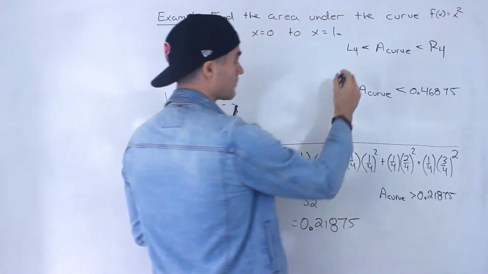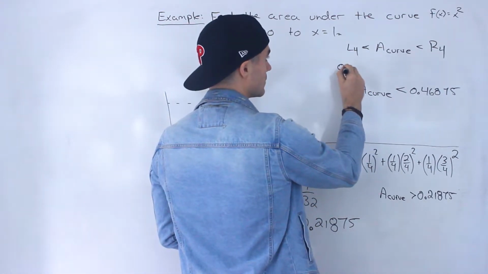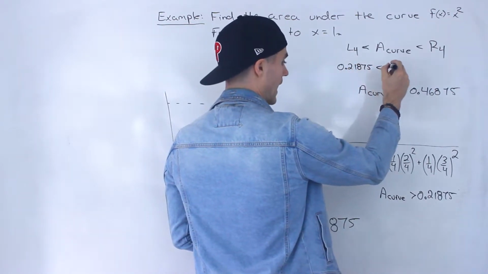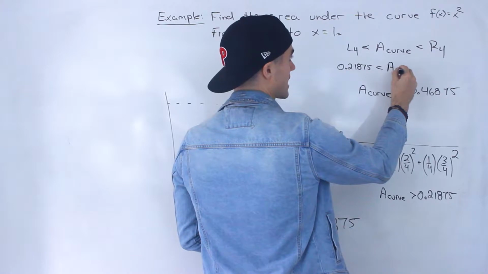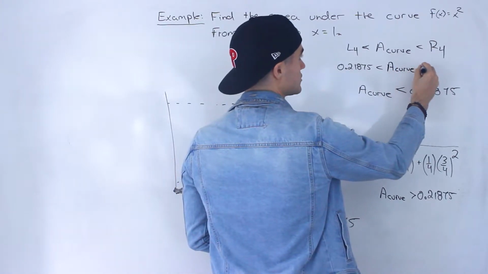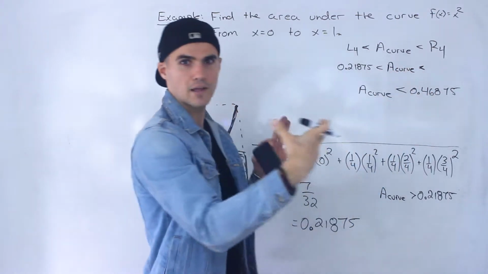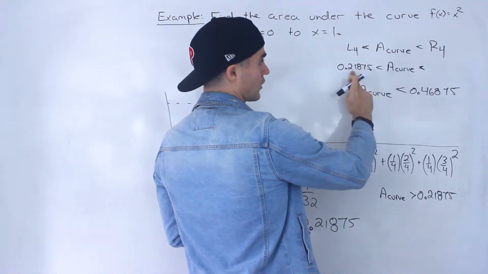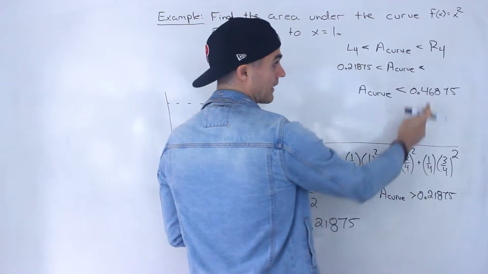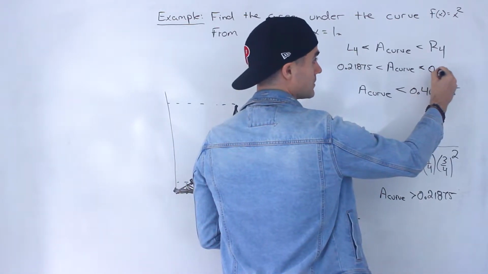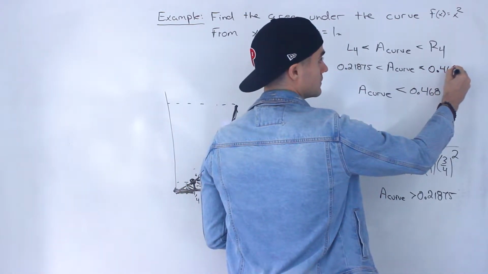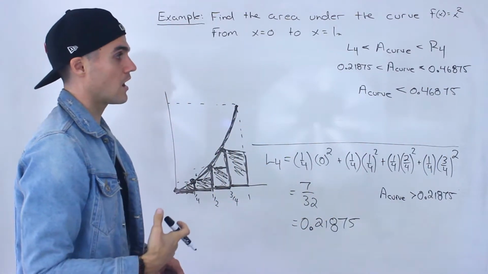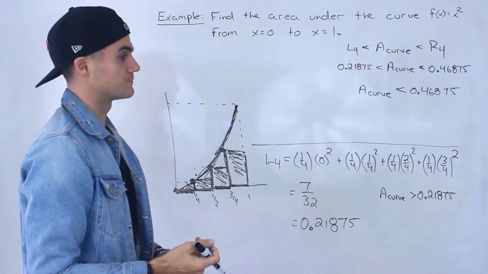So bringing in these numbers, we can say we got 0.21875. And you don't have to work with decimals, but this example is just easier to compare with decimals than with more complex fractions. So the area under the curve basically has to be between this value and this value. It's going to be somewhere in between those. That is basically the summary of the work that we just did.